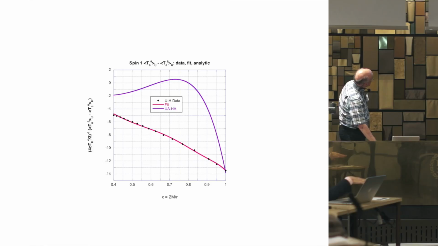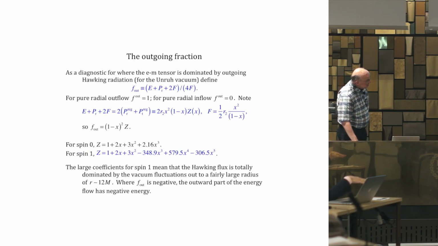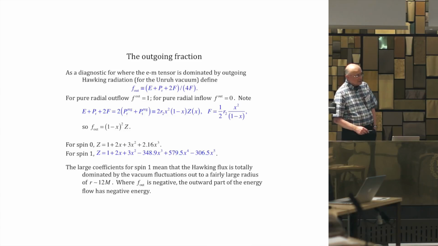Okay, so now how to analyze this? Well, one thing, as I said, is I want to understand something about where the Hawking radiation is being generated. Is it being generated close to the horizon or further out? And one way to try to get at that is to look at this quantity, which I call F out.